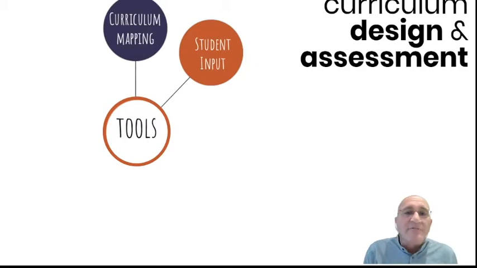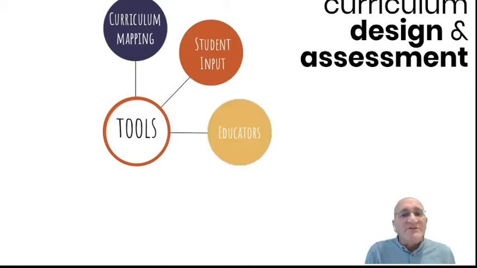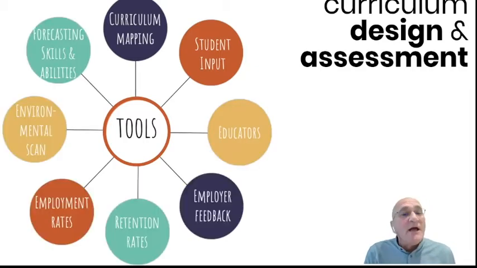But we already have ways for gathering student input, educator feedback, employer feedback, alumni, different metrics we might be interested in, understanding what goes on in programs similar to ours, understanding what future knowledge, skills, and values students will need, and how to embed those into the curriculum today. And so curriculum mapping is a part of that toolkit.